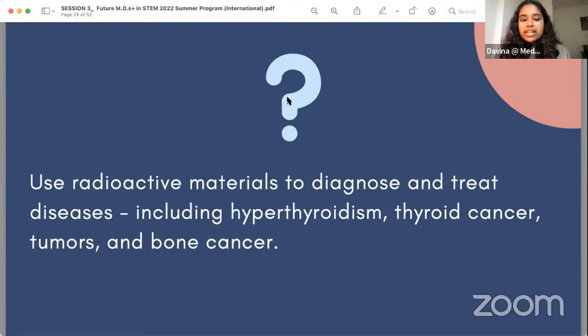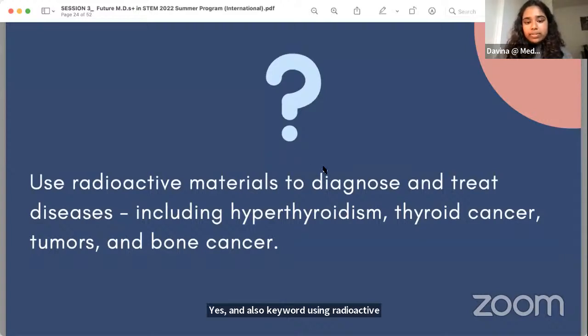I'll give everyone a second because this is definitely one of the trickier ones. Yes, and also keyword, using radioactive materials.